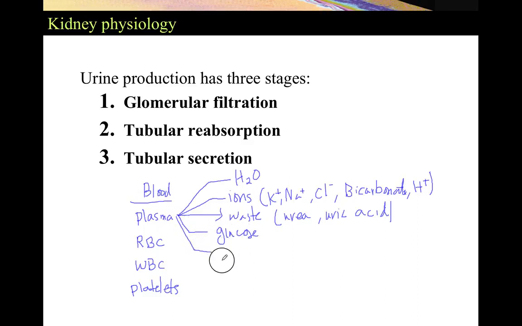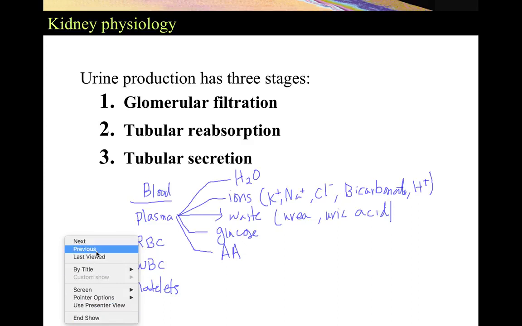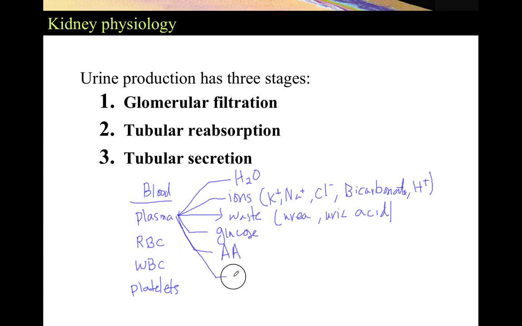And then we also have amino acids, which are freely flowing in your blood to be utilized by your cells to make proteins. Now, the next question is, which of these components are small enough to pass through versus large enough that they're going to get stuck? Oh, sorry guys, I forgot one more component, which is proteins. Remember we have albumin, globulin, fibrinogen.